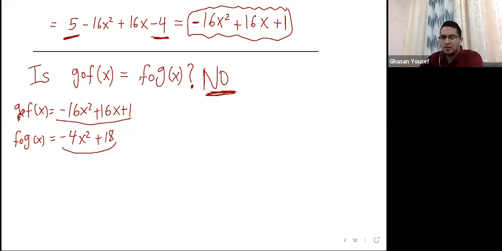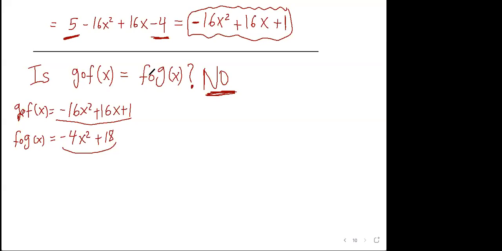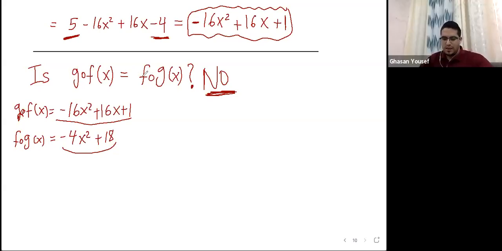I said in general for all functions, this is not equal to this. Next time, I will give you another example by using numbers instead of the variable x. Okay, Iman?